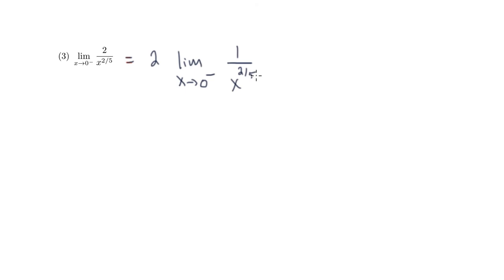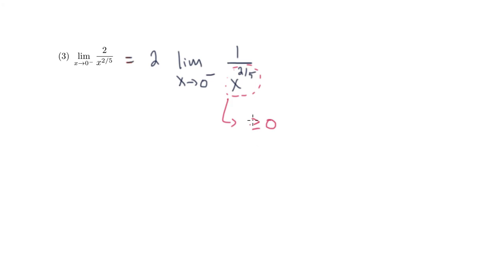Okay, now remember, if this was just 1 over x, then the limit as x approaches 0 from the left, we would be taking 1 and dividing by a small negative number. So that would be going to negative infinity. But the interesting thing here is that this denominator, x to the 2/5, is always positive, right?